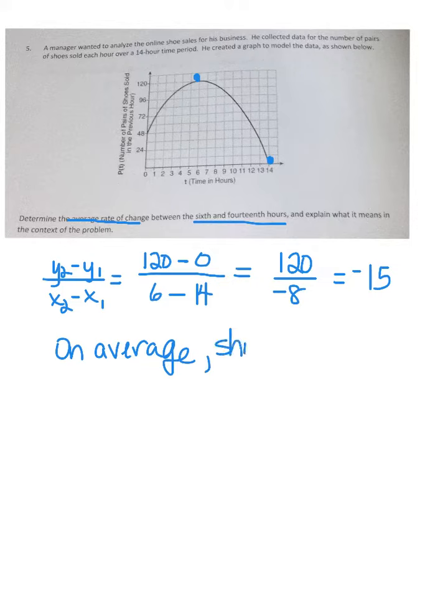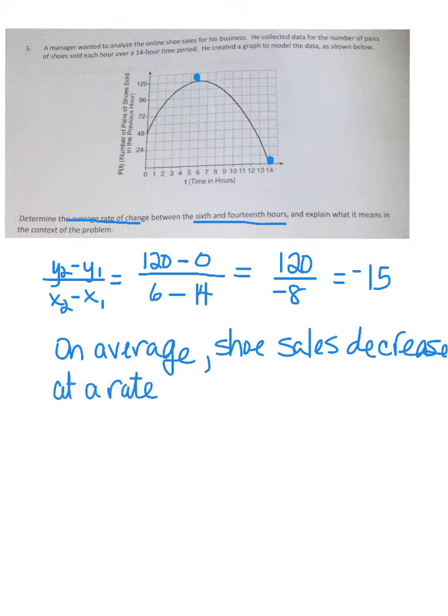Okay, so we can say shoe sales decrease at a rate of 15, and we're talking about pairs of shoes, so 15 pairs of shoes.